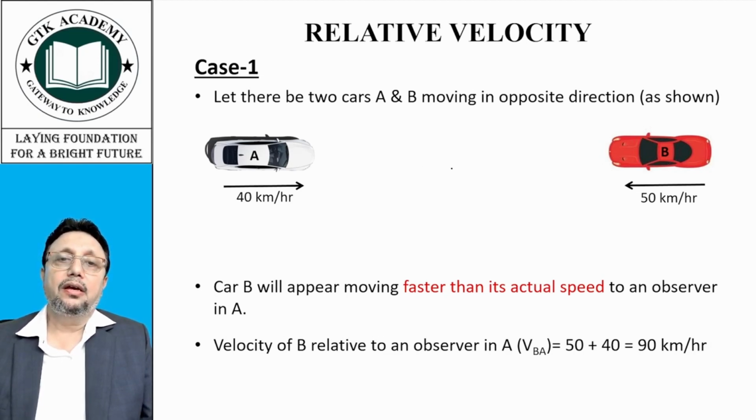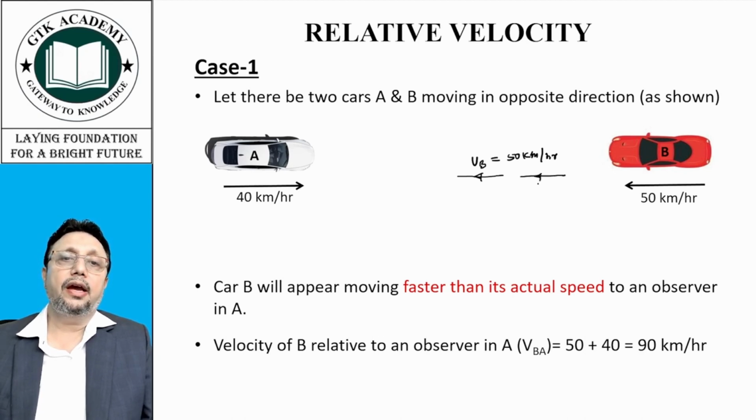We took the velocity of B, VB, equal to 50 kilometer per hour, and we reverse the velocity of A and add it to that.